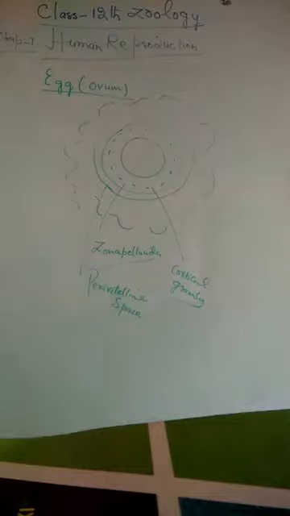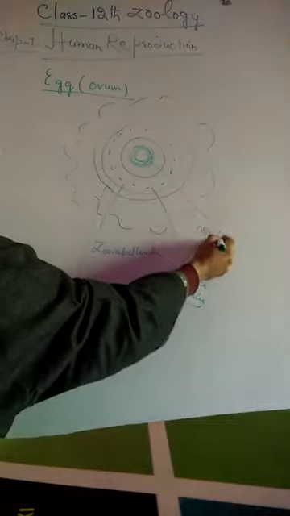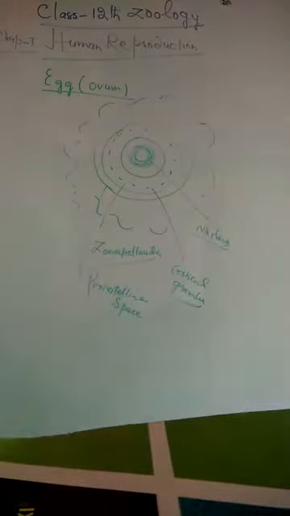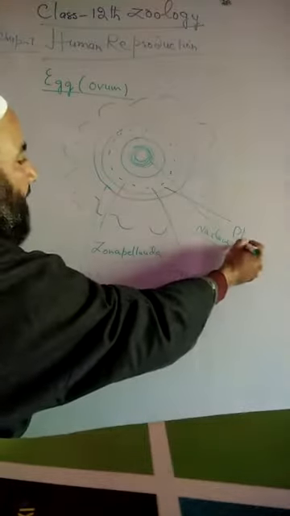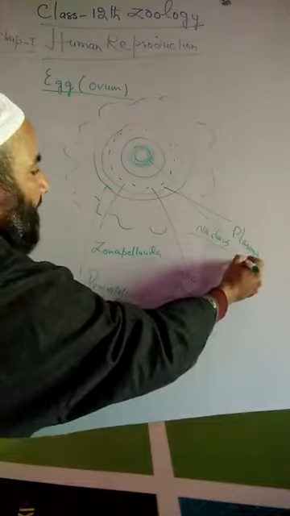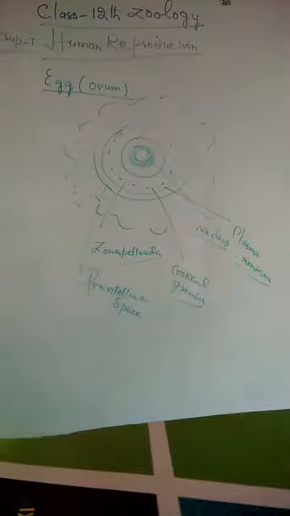And one more thing is there. This is called the nucleus. The nucleus is the center of the egg cell. It is almost circular, and this is the plasma membrane, as we find the plasma membrane, that is the permeable membrane, in all plant and animal cells.